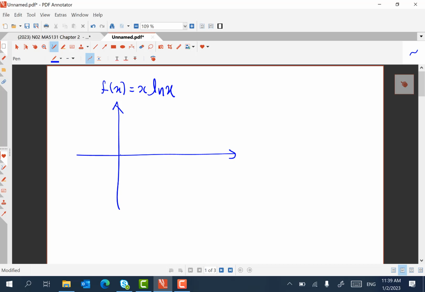This graph has been drawn like this. He's right. Zero is an open circle.